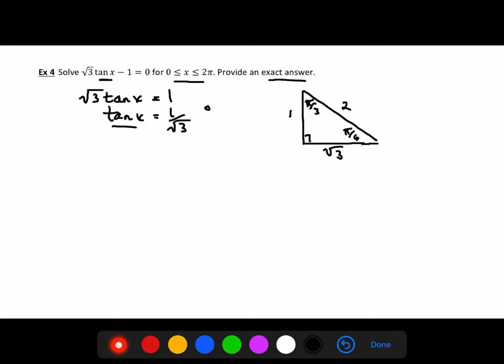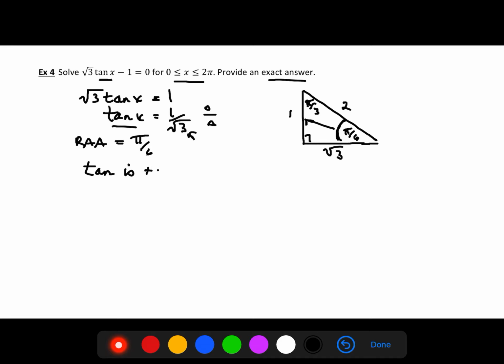So we're going to have 1, 2, √3. Tangent is opposite over adjacent. So opposite being 1 has to be from our pi over 6. So our related acute angle from our special triangle has to be pi over 6.